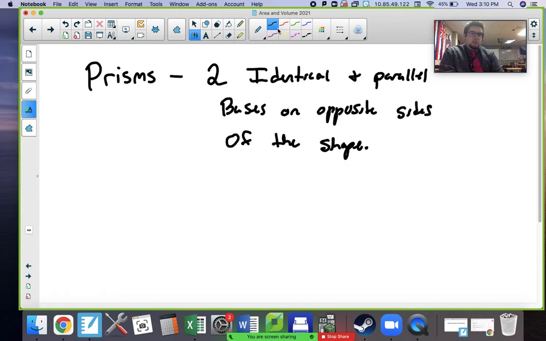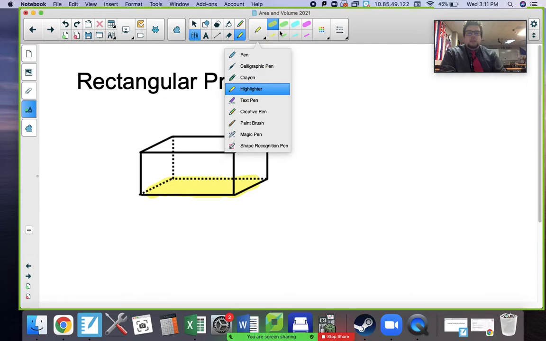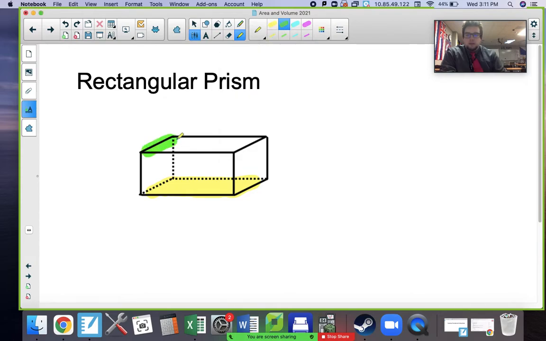of our shape. So some of the more common ones, rectangular prism. This one gets its name because its base is a rectangle. I know, shocker. Rectangular prism, you have this rectangle that's on the bottom of the shape, and it has an exact replica of itself completely on the other side up here at the top.